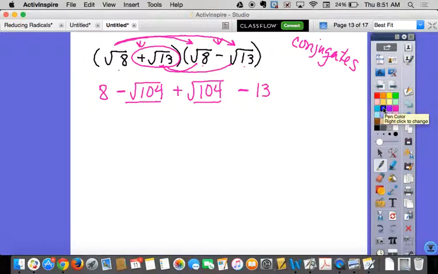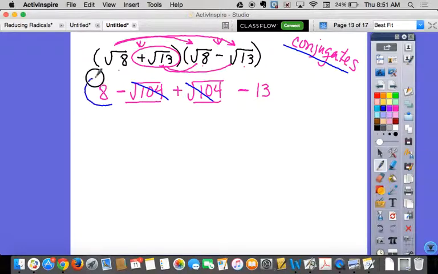Check it out, guys. You have a negative square root of 104 and a positive square root of 104. They cancel out. That is the beauty of conjugates. No more radicals. Please get that stuck in your mind, in your brain. You can do this. Conjugates are important because they eliminate radicals.